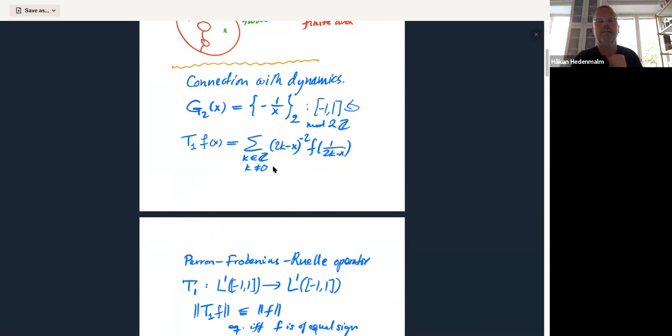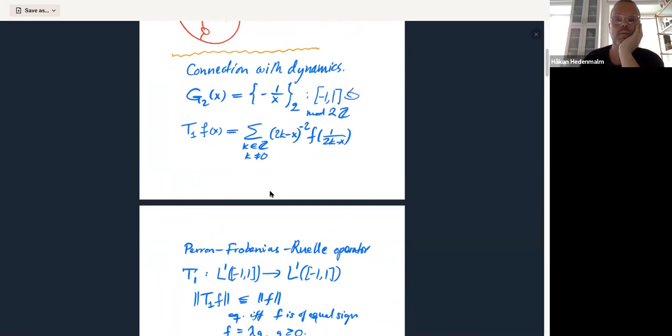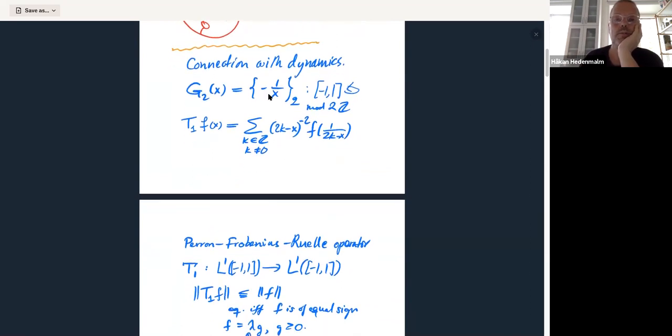Then I want to say that there is some relationship with dynamics on the interval -1 to 1. What is this? You take the mapping x goes to -1/x. That's a mapping of the real line to itself. You restrict it to the interval -1 to 1.